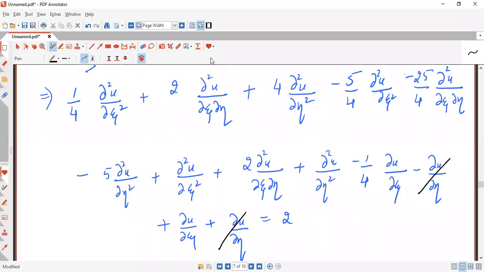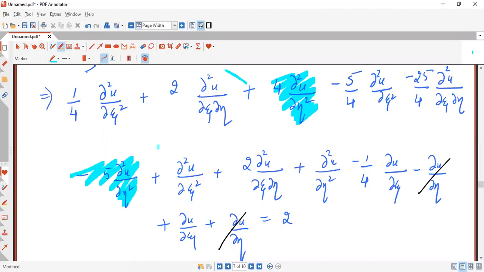See, you observe here, this is 4 del square u by del eta square, this is minus 5. It will become minus 1, 4 minus 5, it is positive 1. So you can cancel it right away. Correct? Anything else?